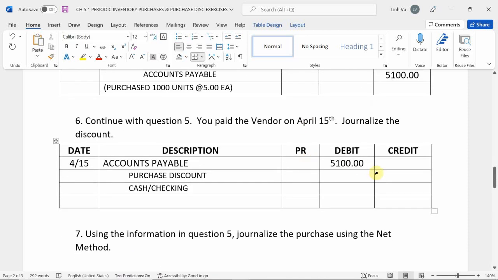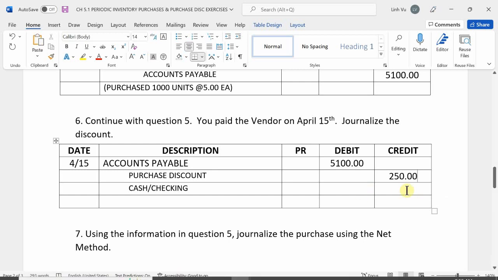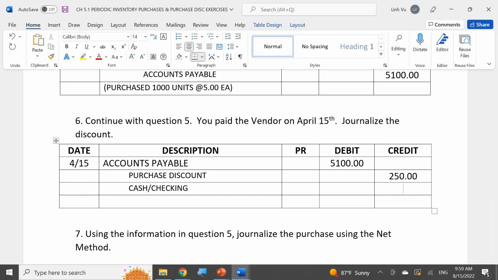So that's a $250 discount, and that's exactly what I'm going to recognize here. So then how much do I actually have to pay? $5,100 minus 250. 5,000.